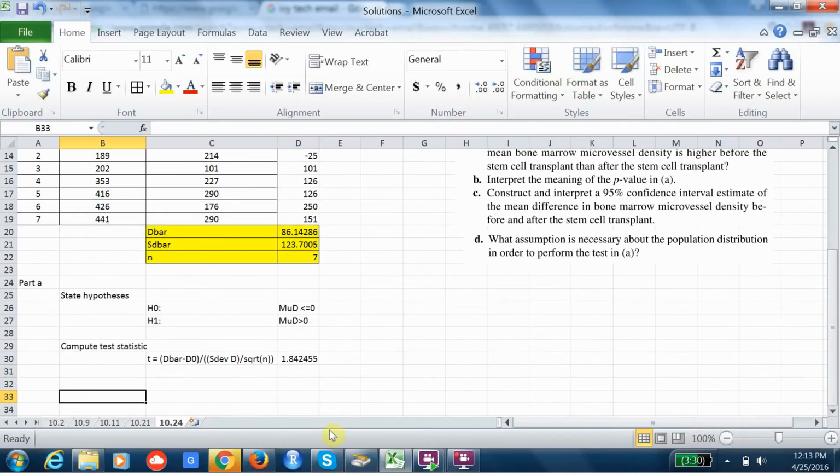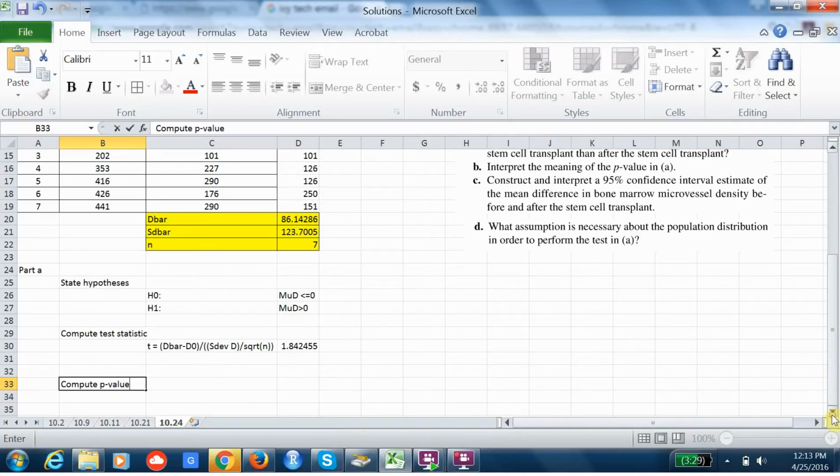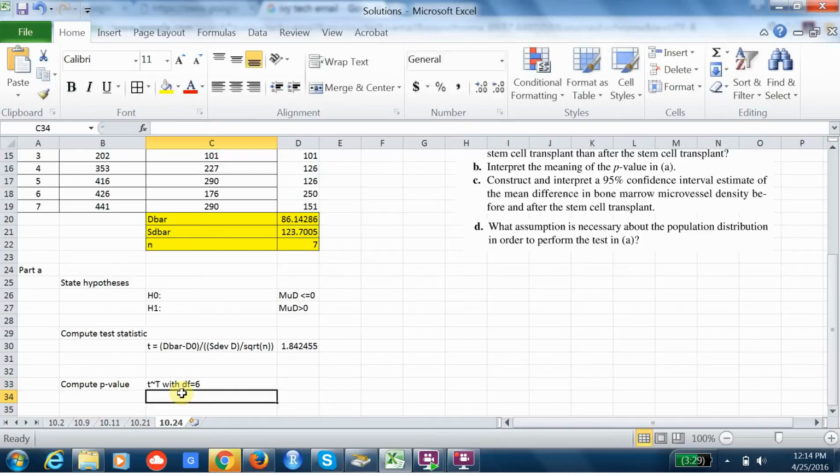Now I'm going to compute the p-value. So let's write down a few things that we actually know here. We know that t comes from a t distribution with n minus 1, or 6, degrees of freedom, and we're doing an upper one-tailed test.